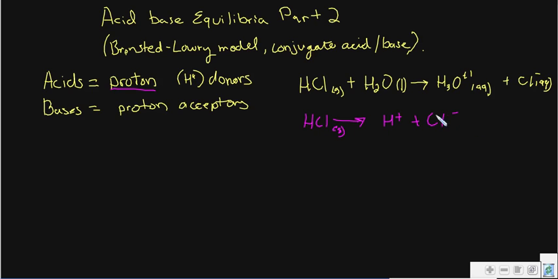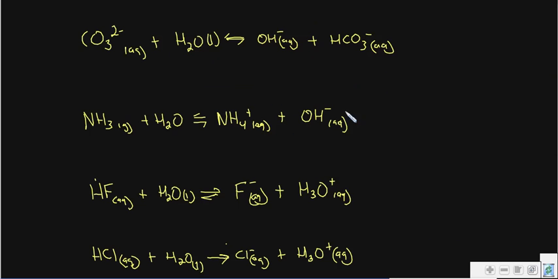So this would be our Arrhenius model, and then this is the Bronsted-Lowry model. All right, let's look at a couple more examples. I'm going to continue to work that in as I go through, and then we're also going to talk about conjugate acid-base pairs and how to identify those.